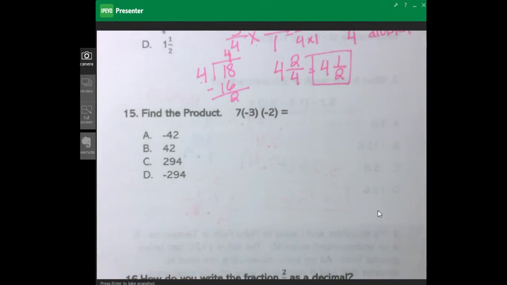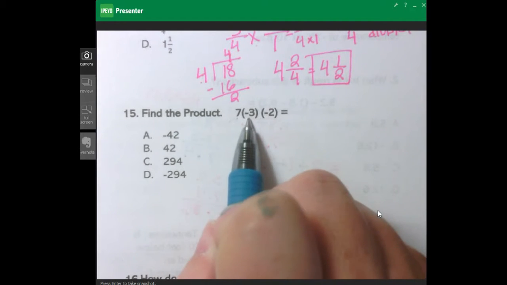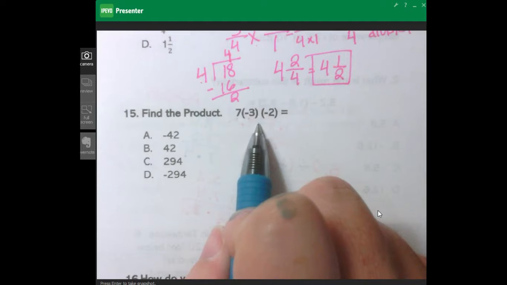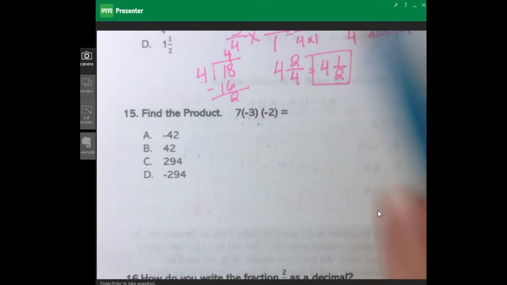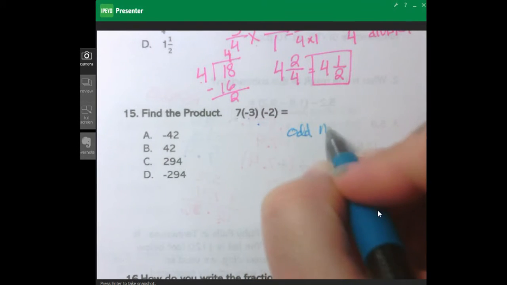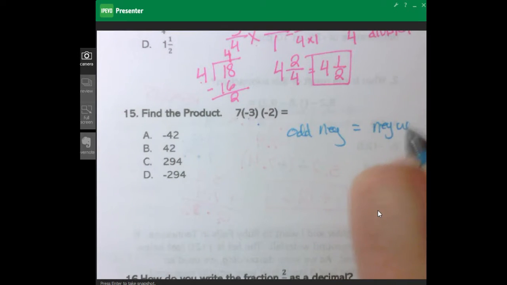Number 15. Find the product. So here we go. We have 7 times -3 times -2. Well, if you remember, we looked back when we were doing number 13. We could use the rule that if we have an odd number of negatives, we have a negative answer.